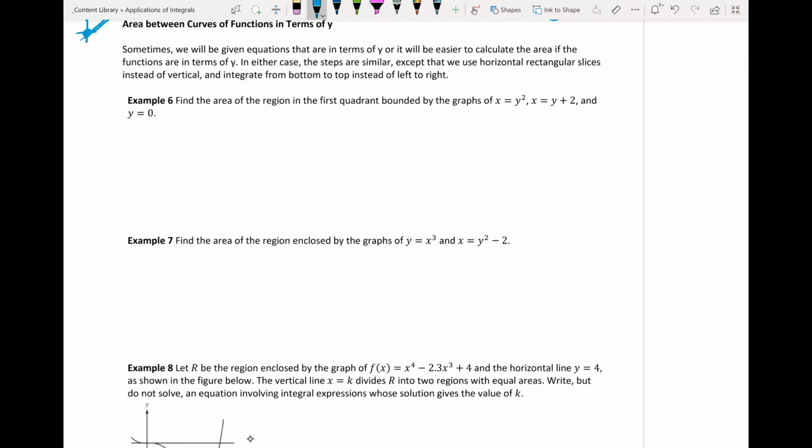The first thing you're going to do is graph. So it's already written in terms of y for us. And if you want to know what this actually looks like, this is going to be the root of x is equal to y if you take the square root of both sides. So I'm going to draw the root of x.